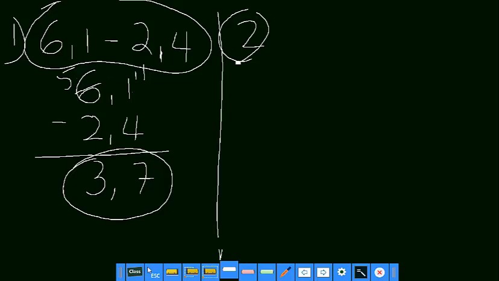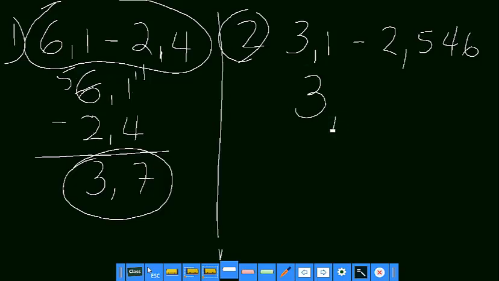Okay. Let's say, for example, 3 comma 1 minus 2 comma 546. All right. There you go. So to do that, we have to put 3.1 above because that's our minuend, okay?